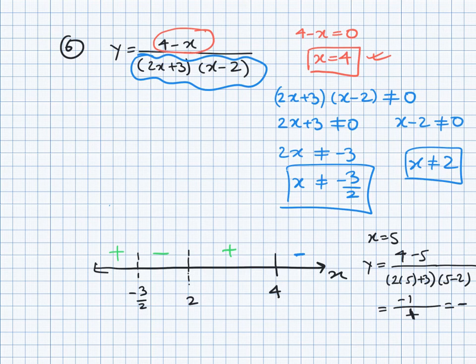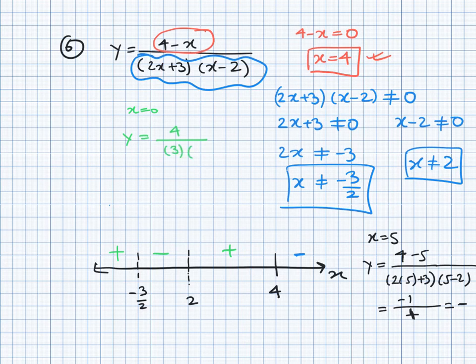If x is equal to 0, then 4 take away x is 4. So y is equal to 4 take away 0, which is just 4, over 2 times 0, which is 0, plus 3, is 3.